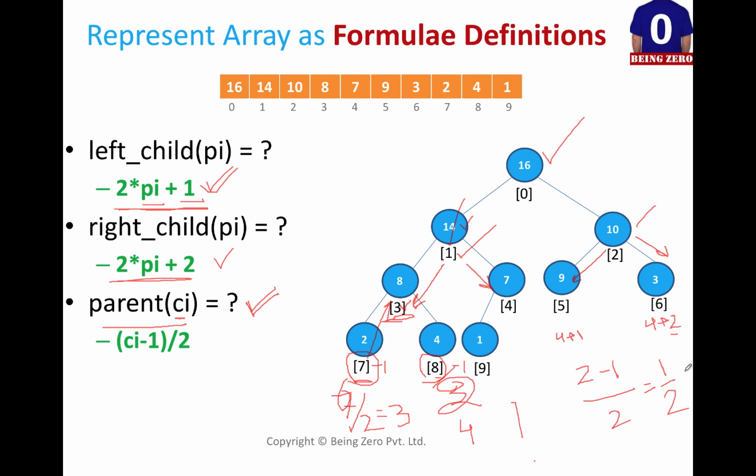Ideally it is 0.5, but in computers if you divide an integer by an integer, the answer always comes as an integer, not a decimal value, so it comes out to be 0. So this looks good: we are able to define three formulas, the left child of any parent, the right child of any parent, and the index of the parent if we are given the child index. If you have understood things till now, then you will find binary heaps, or heaps, very easy to understand.